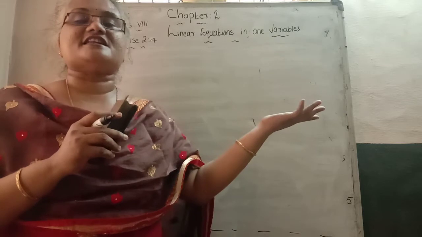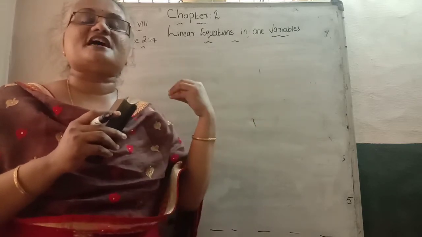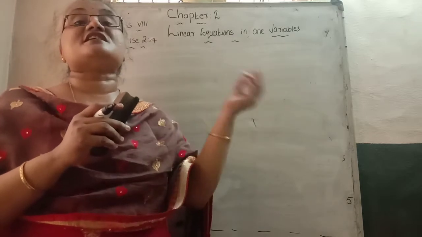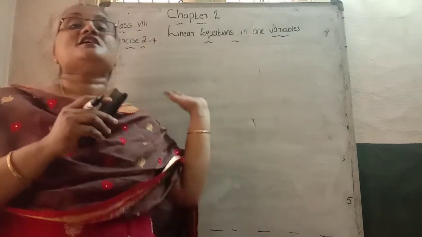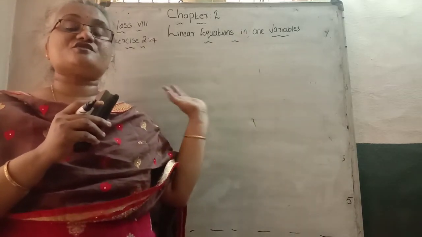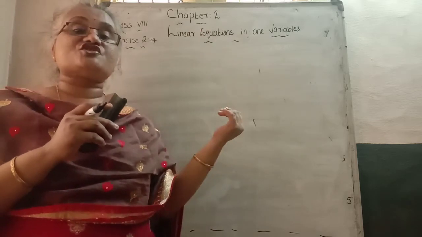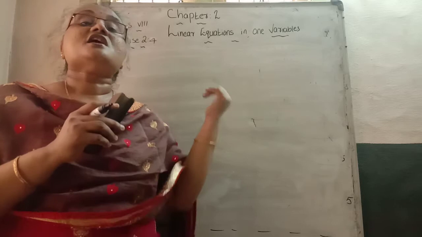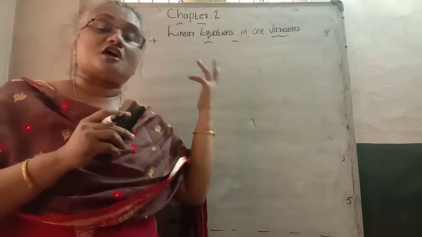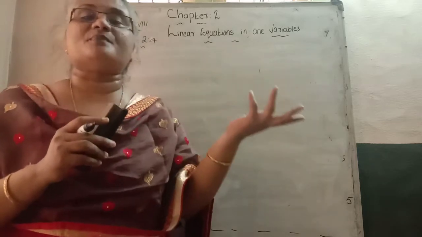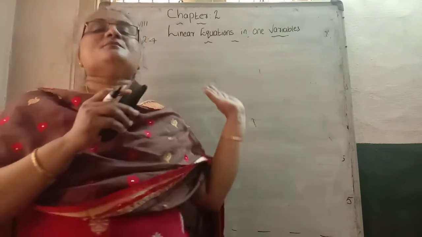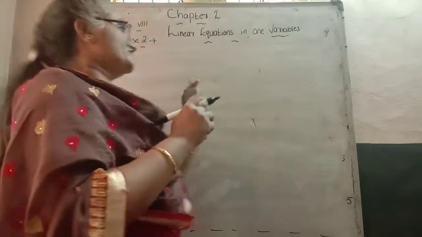Anyhow, after selling, the amount coming into his pocket is 36,600 rupees. That is the meaning of the question. Then the question asks us to find out how much trouser material he purchased. That is the meaning of the next question.